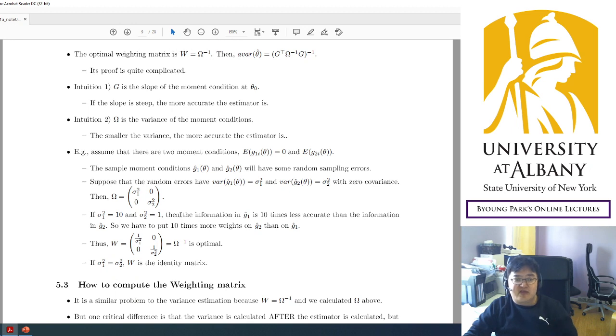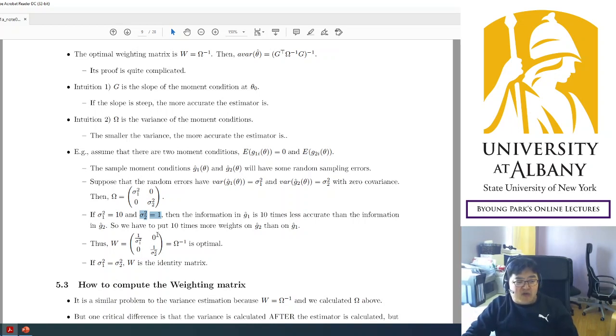Then we interpret this as the information in the first moment condition being 10 times less accurate than the information in the second moment. Therefore, we put 10 times more weight on the second moment, right? We take the accurate moment condition more seriously. Therefore, the weight will be the inverse of their variances.